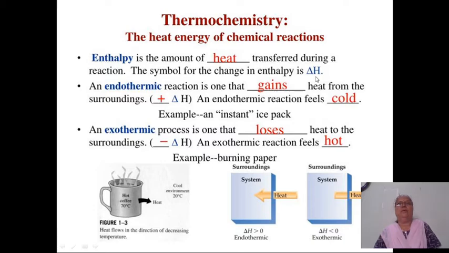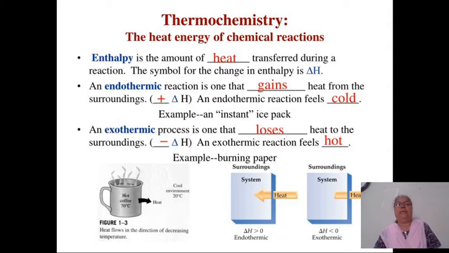You are very well familiar with enthalpy. Enthalpy is the heat content of the reaction or any system, and the amount of heat transferred during a reaction is the enthalpy of the reaction.